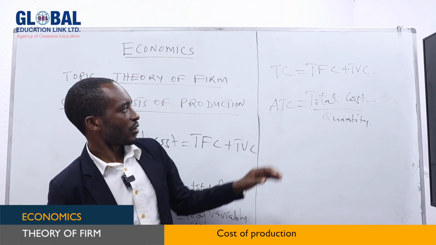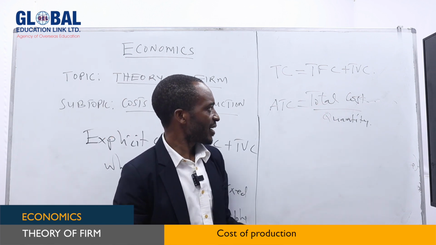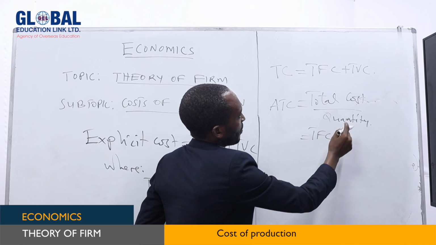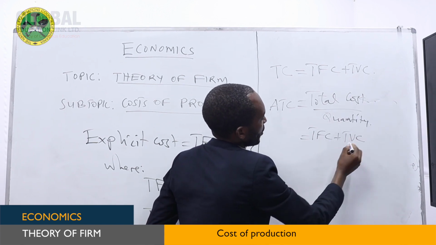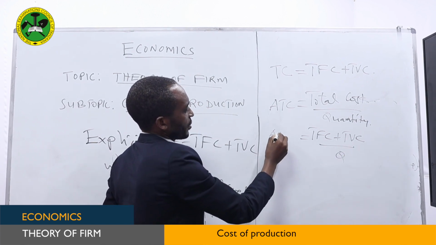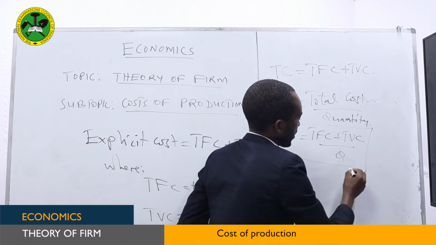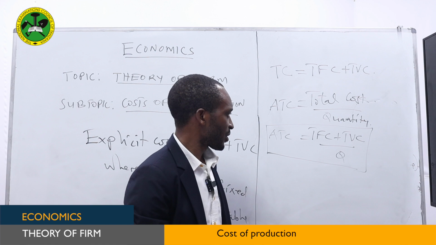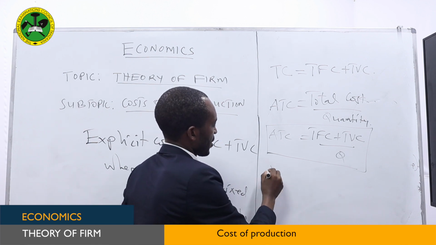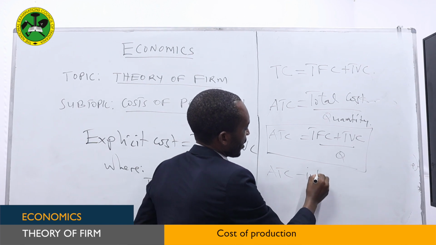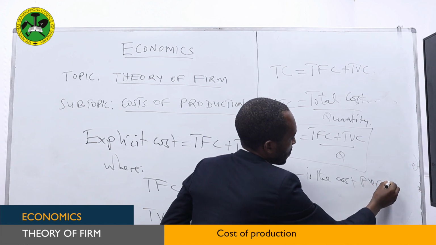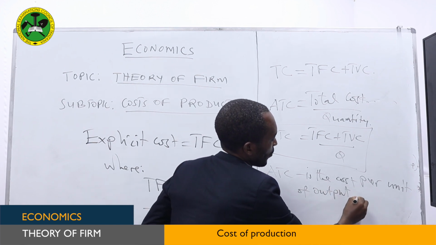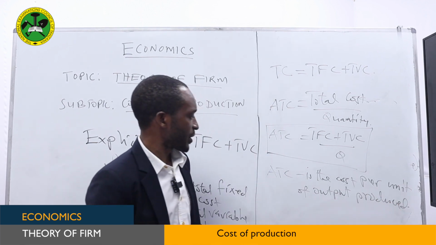Average total cost is equal to total fixed cost plus total variable cost, divided by Q. That means the average total cost is the cost per unit of output produced.